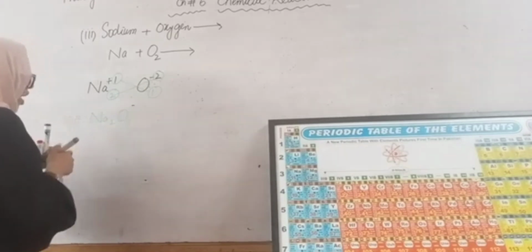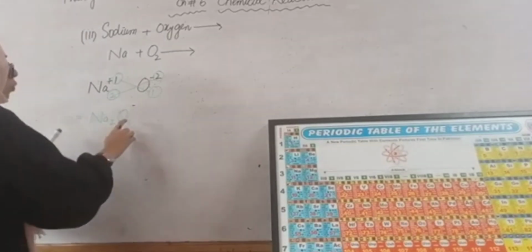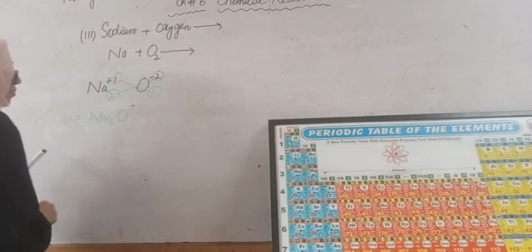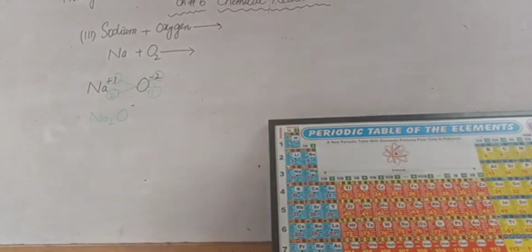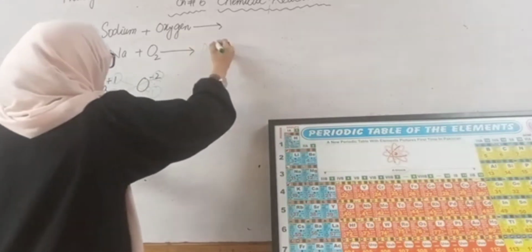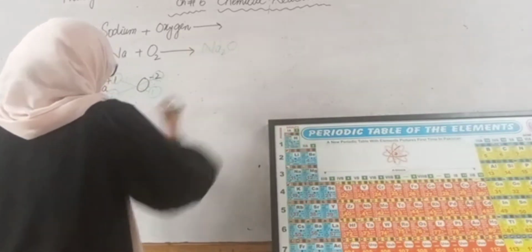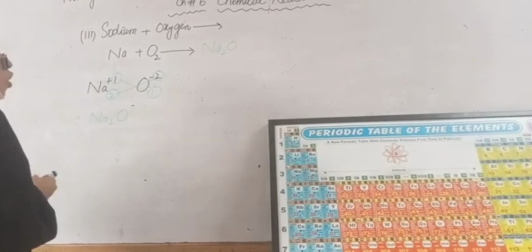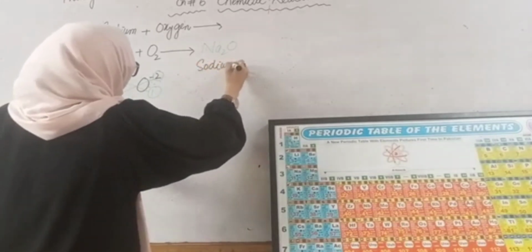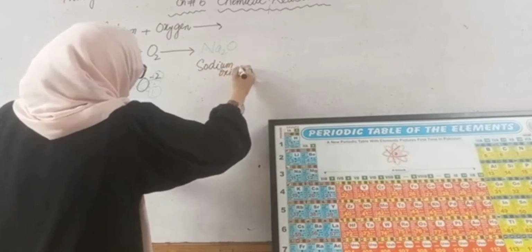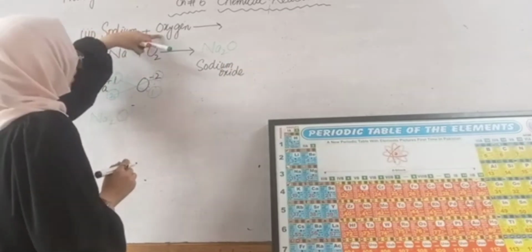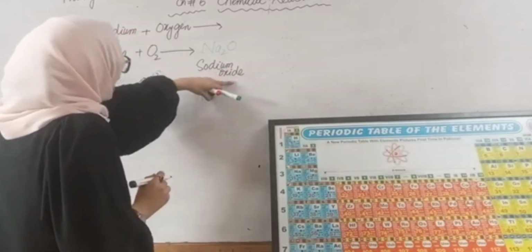Na2O1, and 1 will not be written in the final product. So we have obtained the formula Na2O. It is also called sodium oxide. By the reaction of sodium and oxygen, we will get sodium oxide.